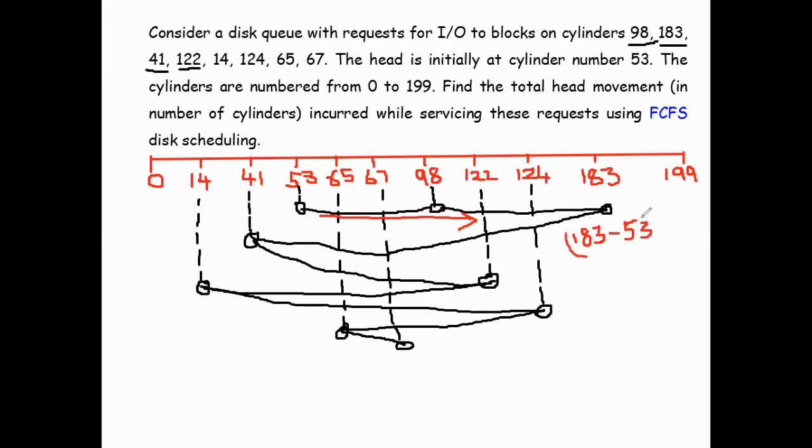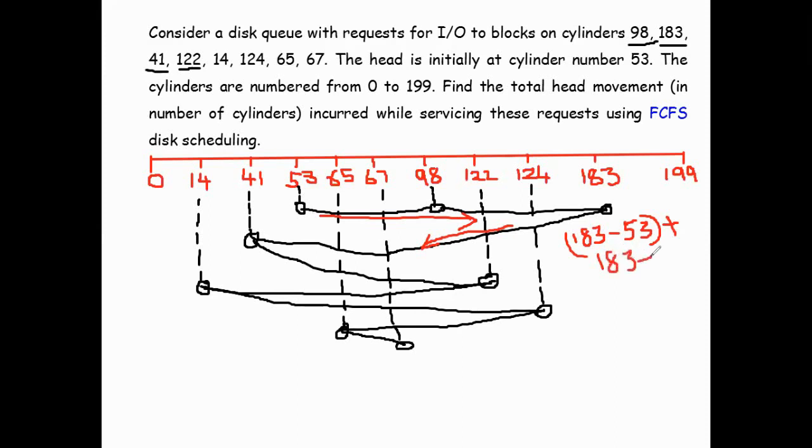Hence, subtract lowest value from the highest value. That is 183 minus 53. Then add this with the highest value minus lowest value in the other direction.